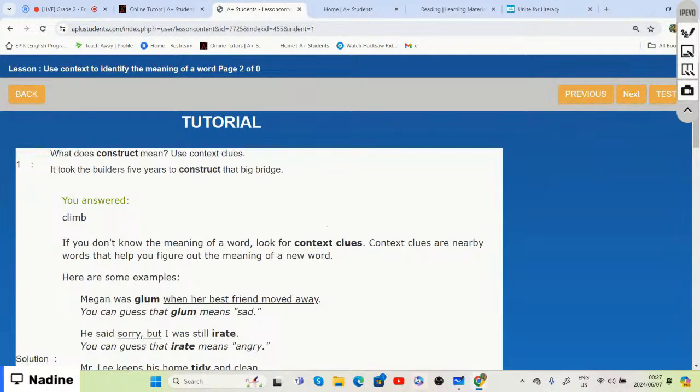All right, so we need to go into the next one. It says, what does construct mean? Construct. So it says it took the builders 5 years to construct that big bridge. So construct, what does it mean?